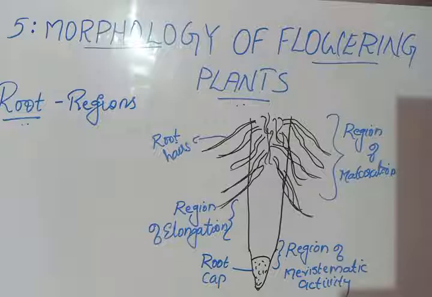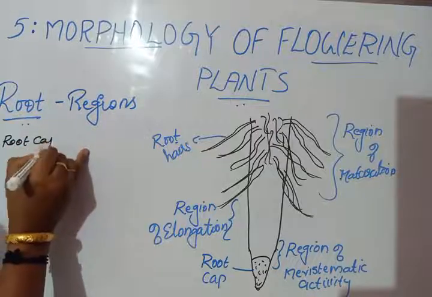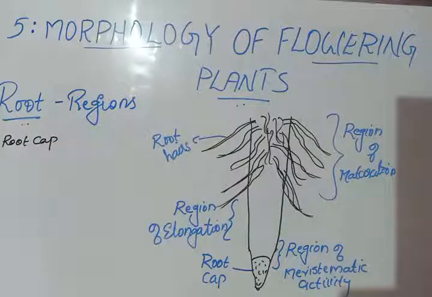The root is covered at the apex by a thimble-like structure. The root cap is a thimble-like structure present at the apex of the root, which protects the tender apical part.